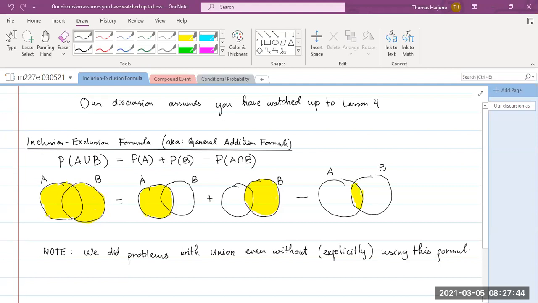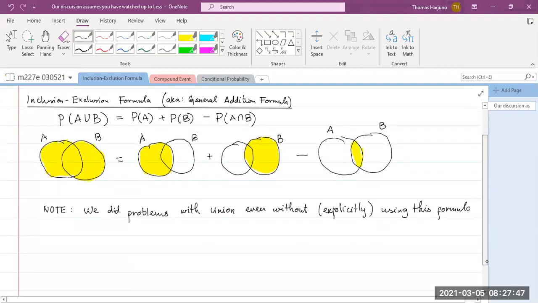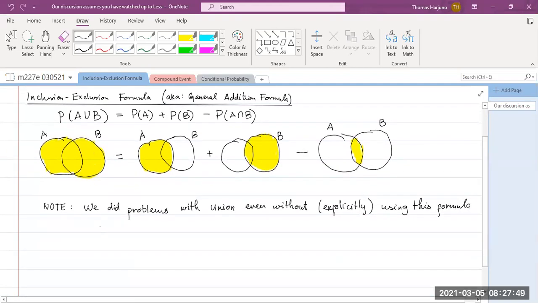Under what situation we did that, Thomas? Please remind us. That is when a Venn diagram is given or a contingency table provided.